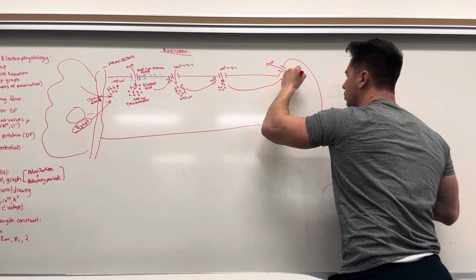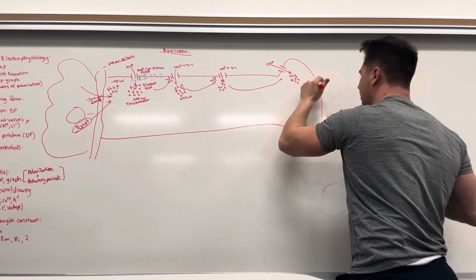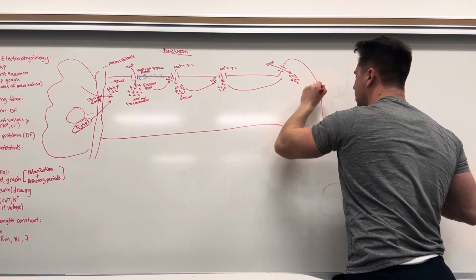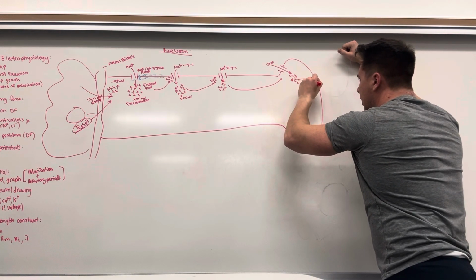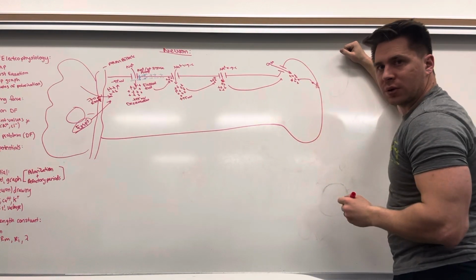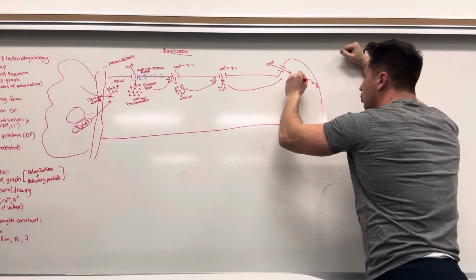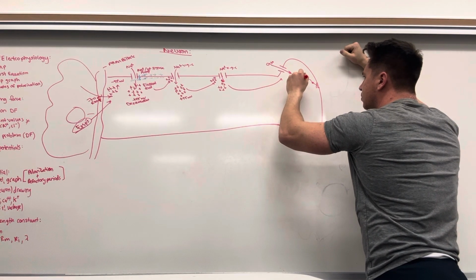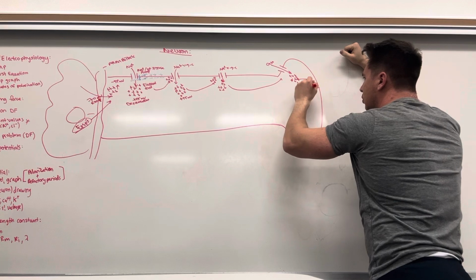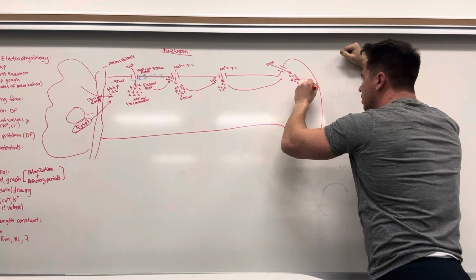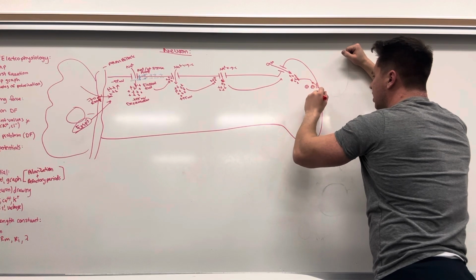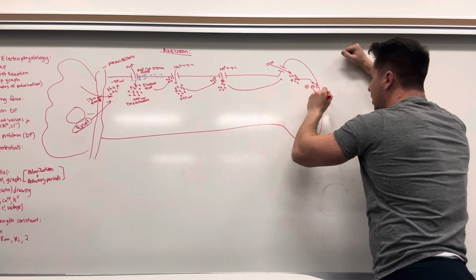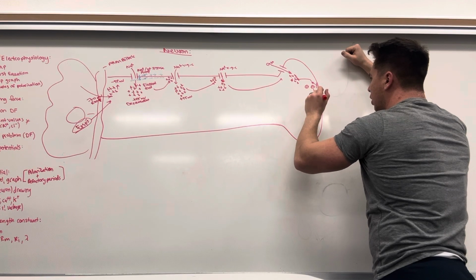We'll get into this later when we talk about the synapse. You have these proteins on here called SNARE proteins. The calcium is important because it will come in and bind to the SNARE protein. When it binds to the SNARE protein, it allows the SNARE protein to grab these vesicles, which contain neurotransmitters. And then they can fuse with the membrane.